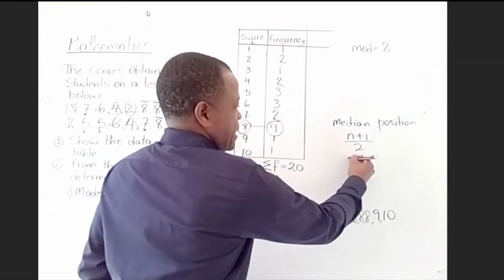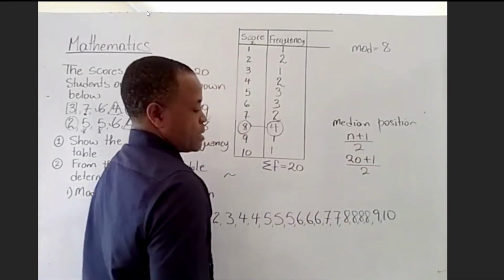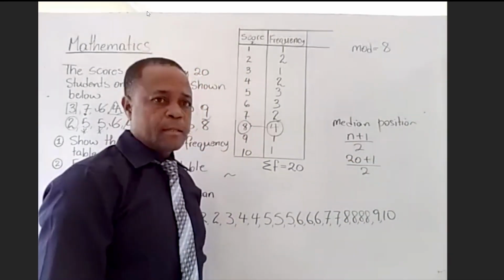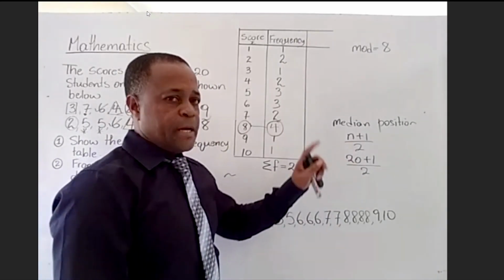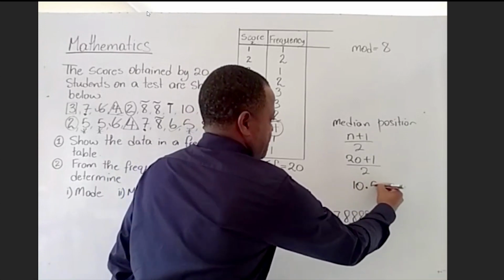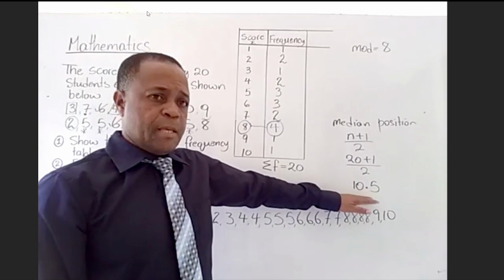So when we put that in, we have 20 plus 1 divided by 2. 20 plus 1 will give me 21. 21 divided by 2 will end up giving me 10.5. Now here, this is not the median.